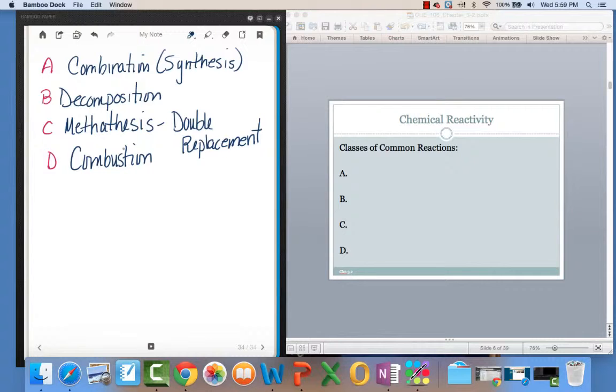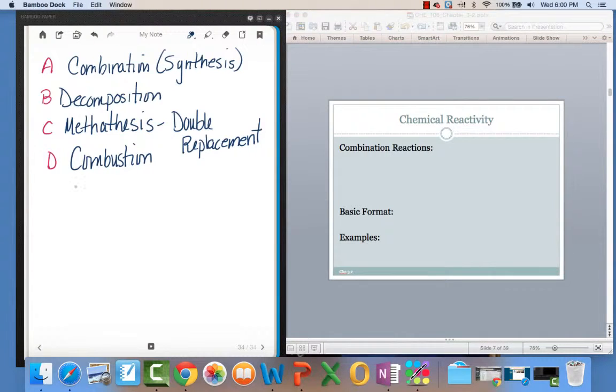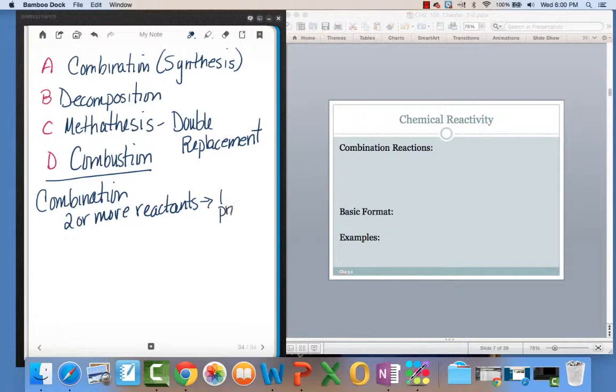All right, so let's start with combination reactions. So, combination. Two or more reactants, one product. Usually have the general basic format of A plus B yields AB.